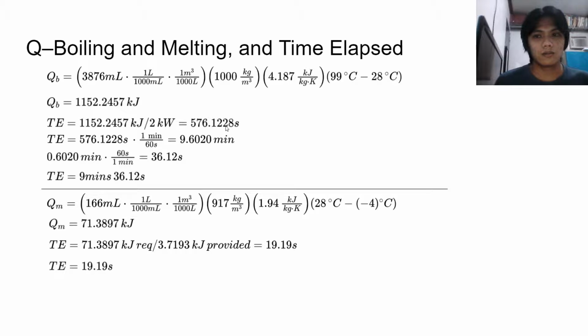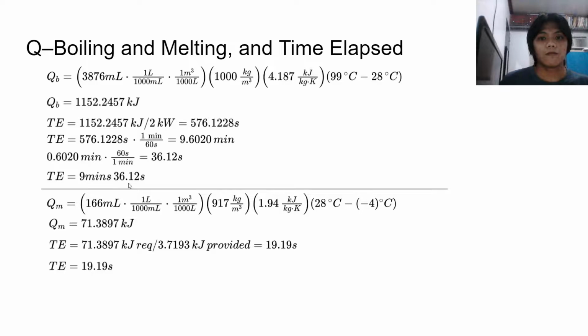So to simplify the results, we divided it by 60 to convert it to minutes, and then the remaining 0.6020 we reconverted into seconds. So the time elapsed for the boiling was 9 minutes and 36.12 seconds.